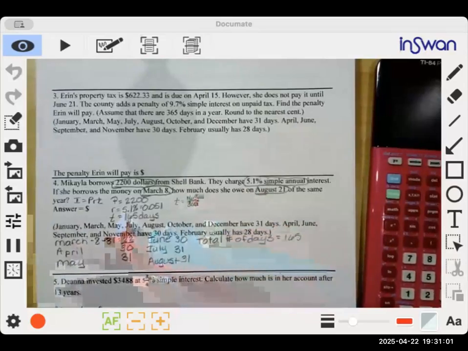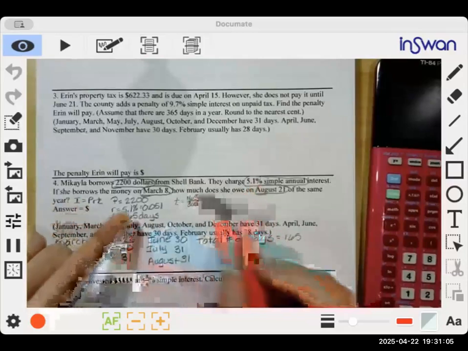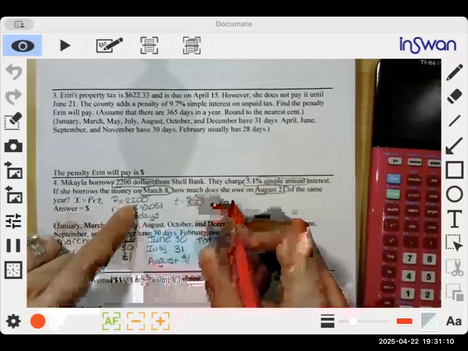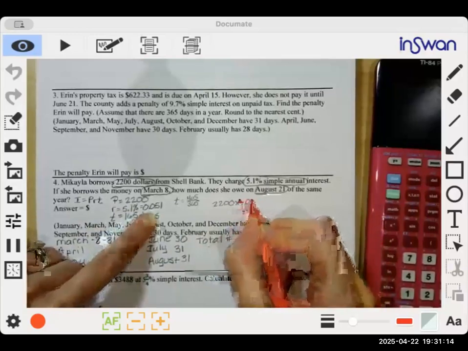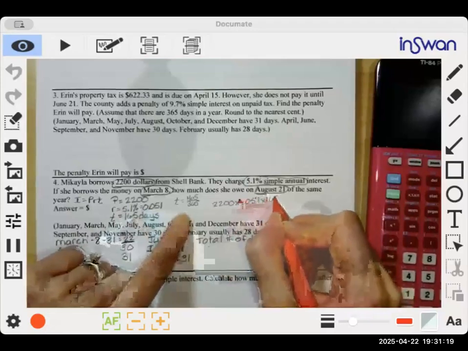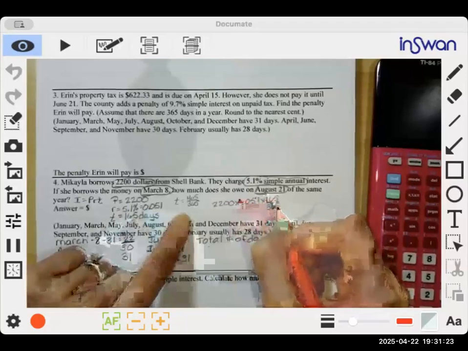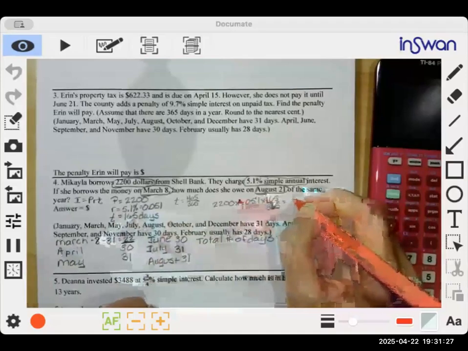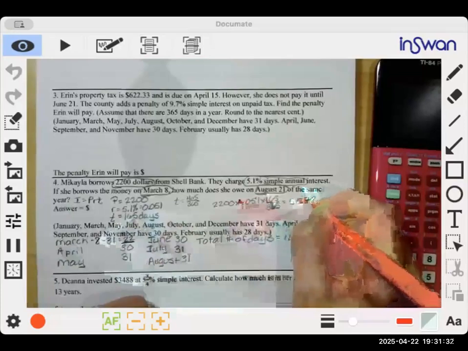That's hard to read, isn't it? Sorry. Okay, so we are doing 2,200 times our rate times our time. And it's going to give us $50.72.